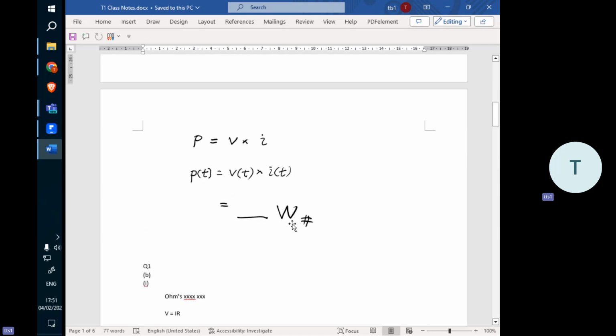We will get the answer in unit watt. You also will find that your answer has an exponential value also. Something multiplied by exponential something, okay? So your answer is going to look like this.